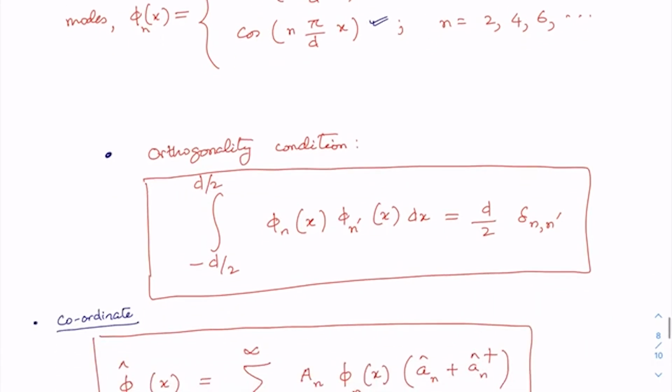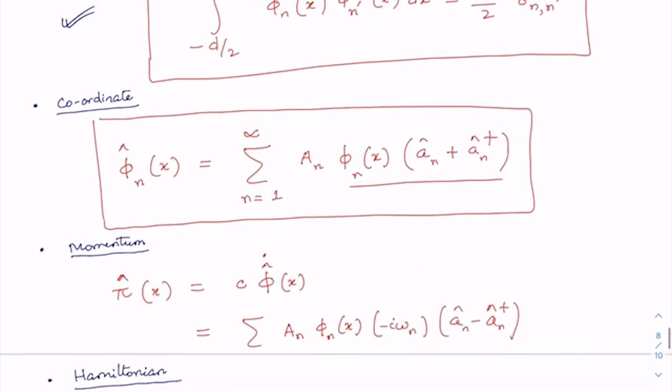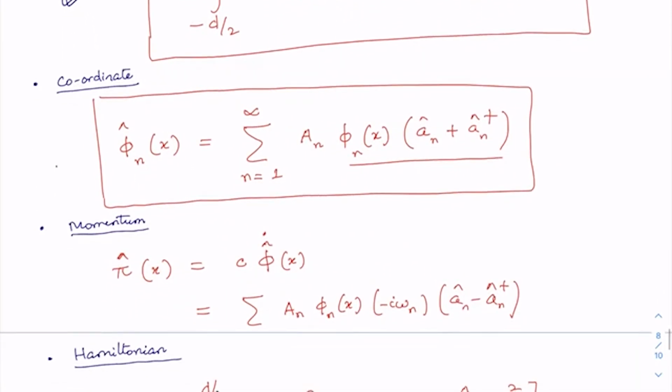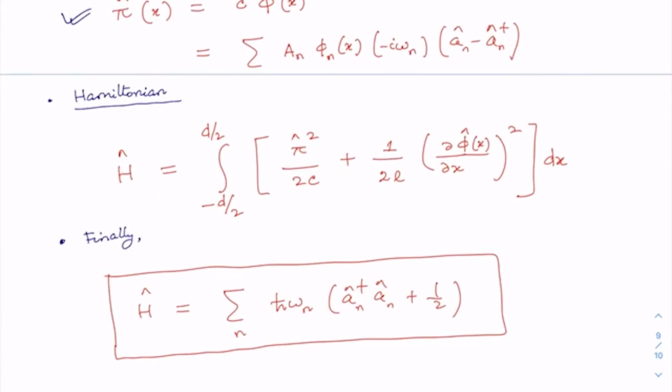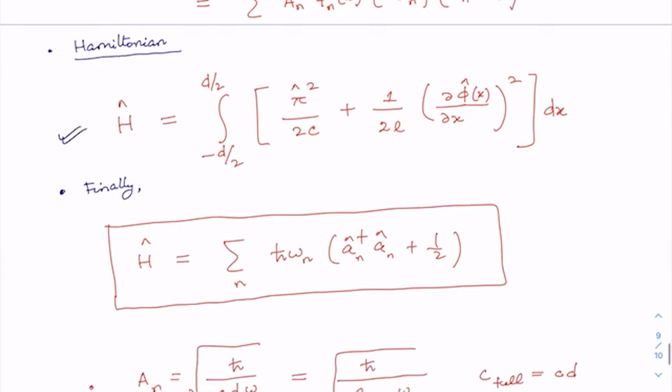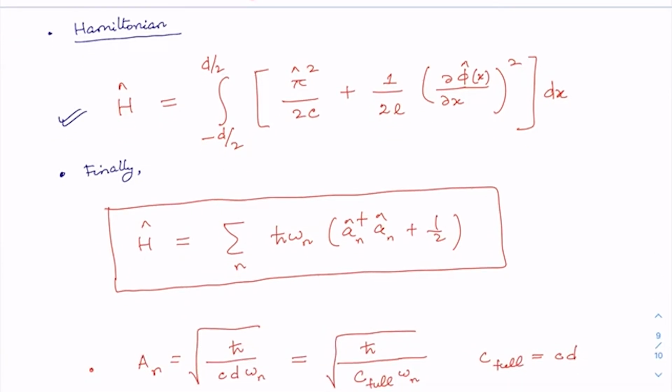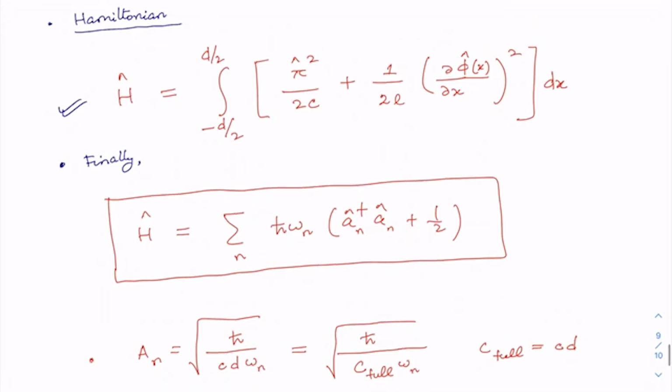And then we also have this orthogonality condition. Using all these things and taking our coordinate like this and the momentum like this, we are actually taking the continuum model. If we put everything in this Hamiltonian, we finally obtain again that the Hamiltonian for the transmission line resonator can be written as a collection of independent harmonic oscillators.